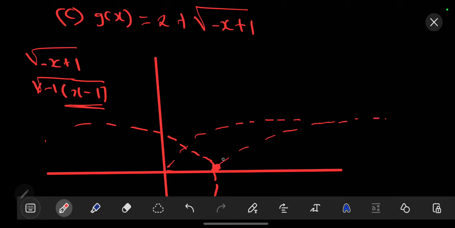So for each point, let's see our y value here. It can be found by saying y is equal to the square root of -1 x plus 1.